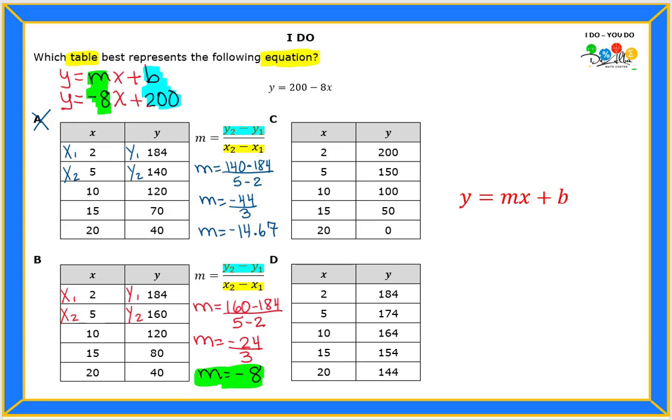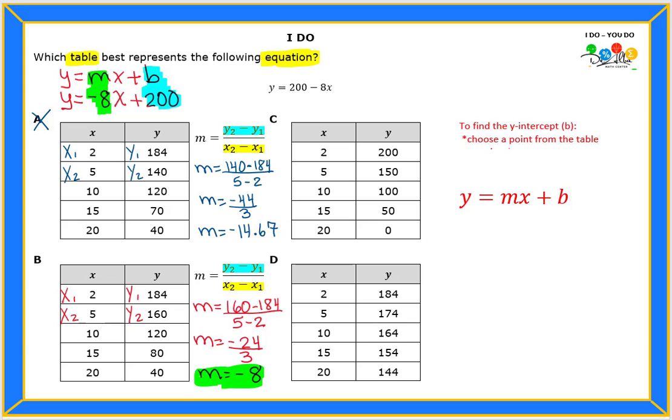So once I know my slope, I'm going to focus on B. What I want to do next is find the y-intercept. To find the y-intercept, number one, I need to choose a point, and the point can be any point from my table.